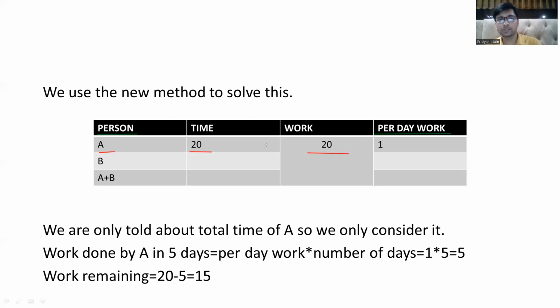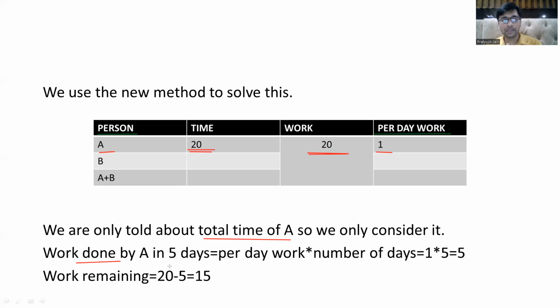So my work is 20 units, and per day work for A will be 1 unit. If every day A performs 1 unit of work, then in 20 days he will perform 20 units of work.